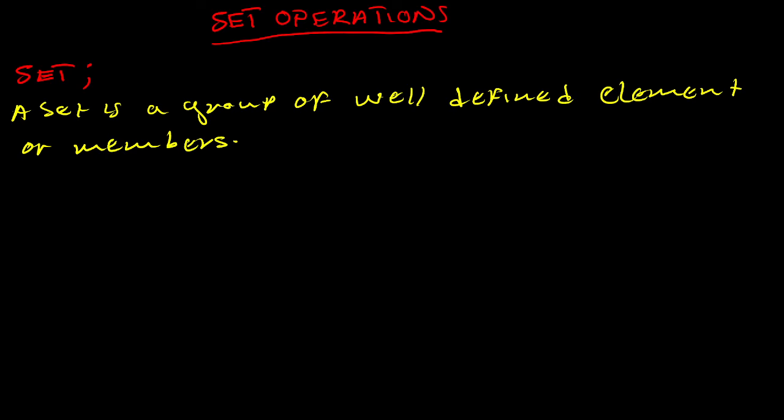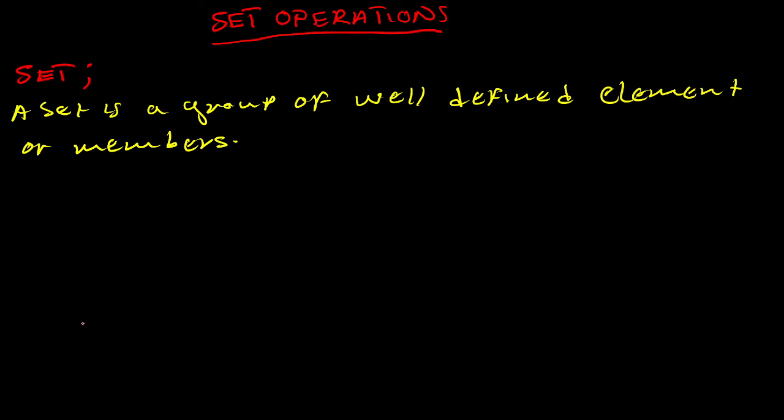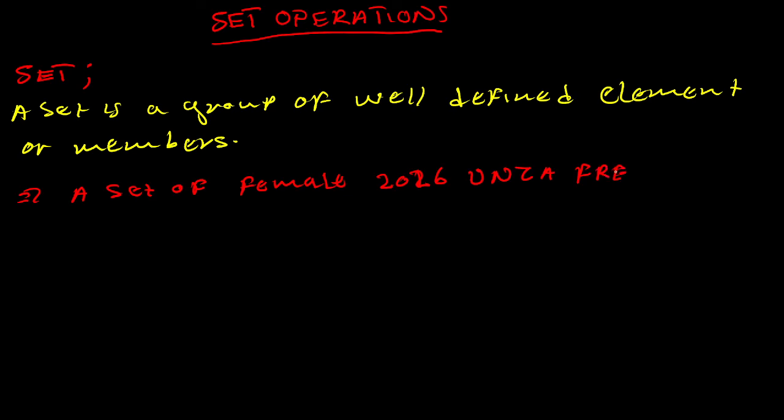For example, if I talk of a set of female 2026 Unza freshers, here I'm trying to give an example of a set.